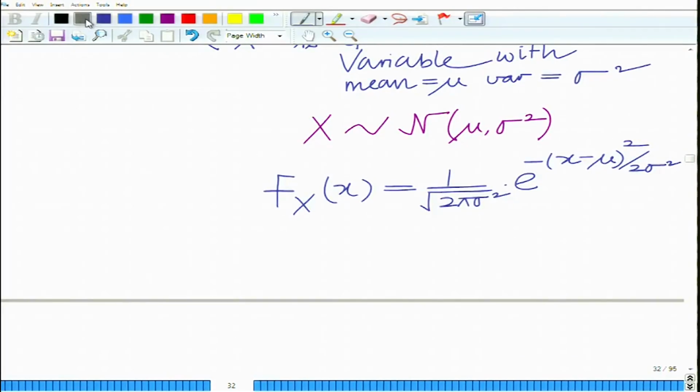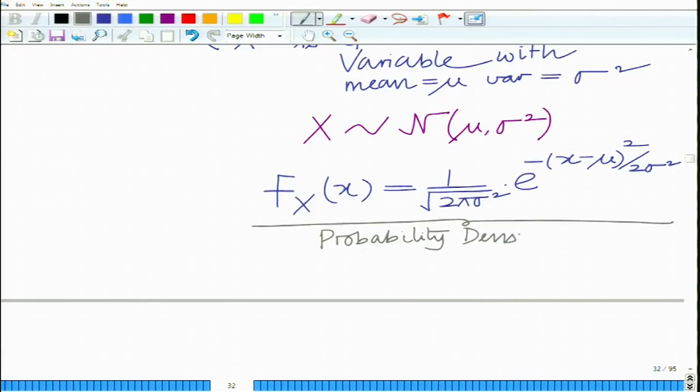This is basically your PDF, the probability density function of the Gaussian random variable with mean mu and variance equal to sigma square.